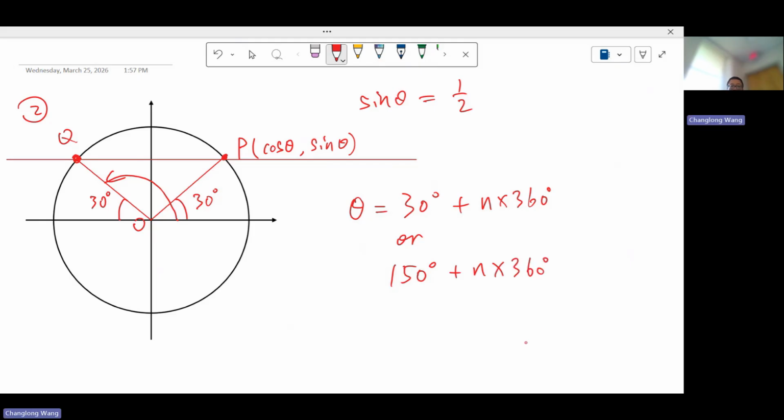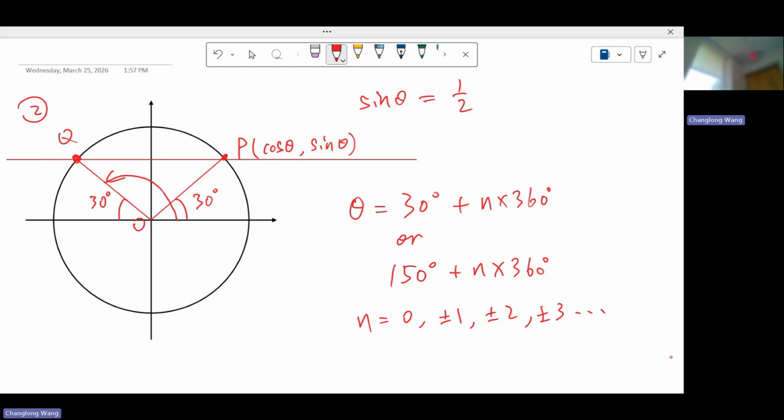You might say, what is n? n is an integer that takes the value 0, plus or minus 1, plus or minus 2, plus or minus 3 if you want, and so on. Now let's see, what does 0 for n represent? If you take n to be 0, you're adding nothing to 30 or 150.